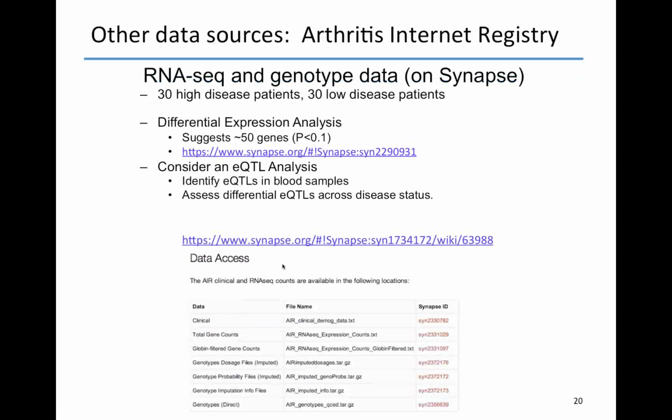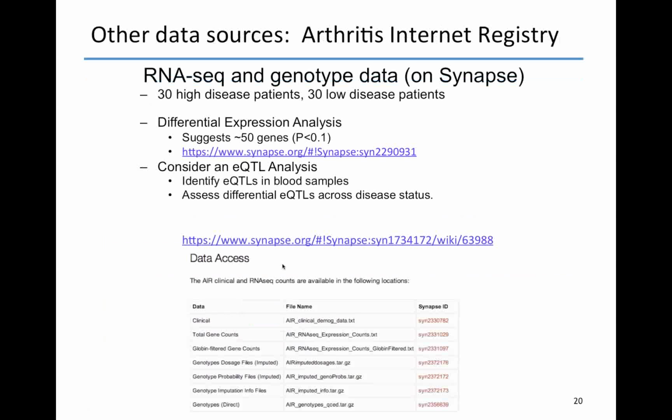And so two potential analyses that could be done that would be relevant to feature selection here. One is the EQTL analysis, so looking for SNPs that are associated with gene expression and potentially also associated with disease activity, where we have 30 patients with high disease activity and 30 with low.